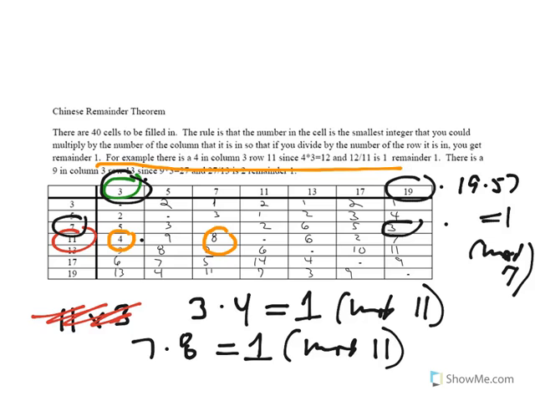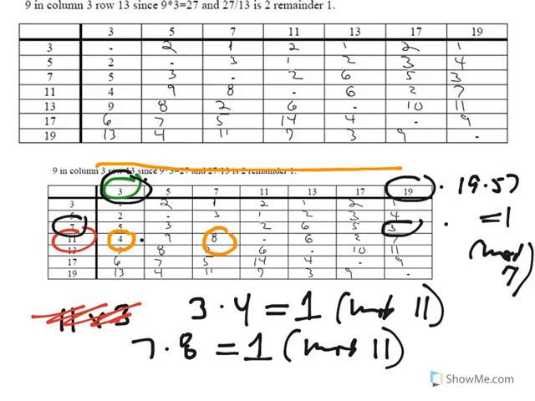Now let's see how this chart can be used to answer Chinese remainder theorem questions. And here is the big instructive example. Our question is, we want to find a number that gives remainder 3 when I divide by 11, and at the same time gives remainder 4 when I divide by 7.